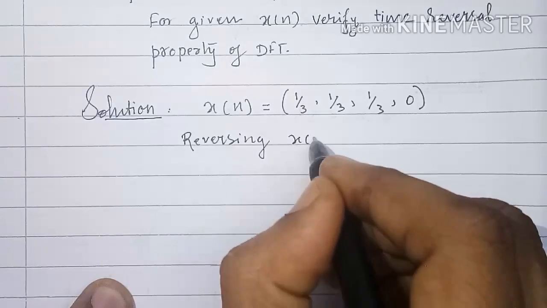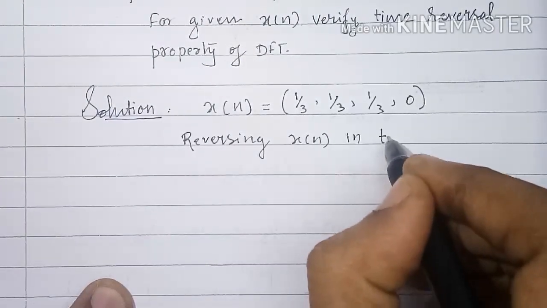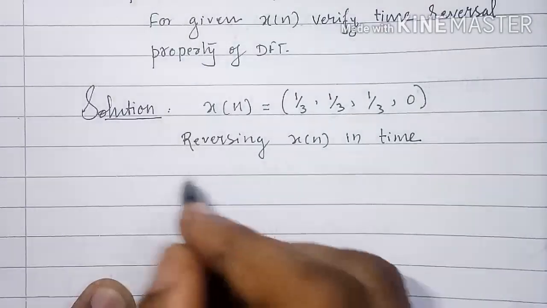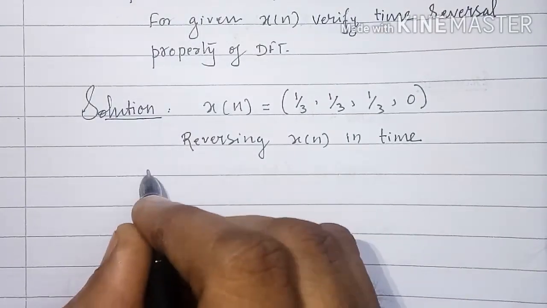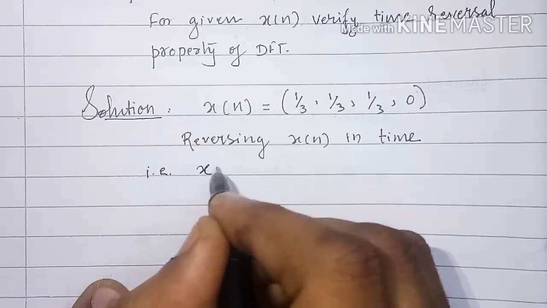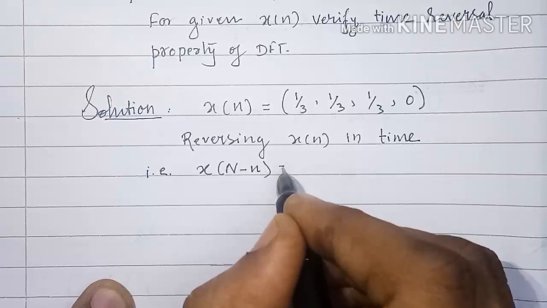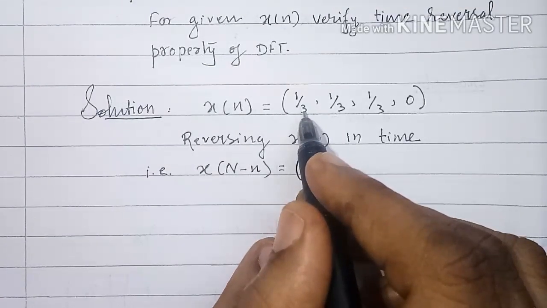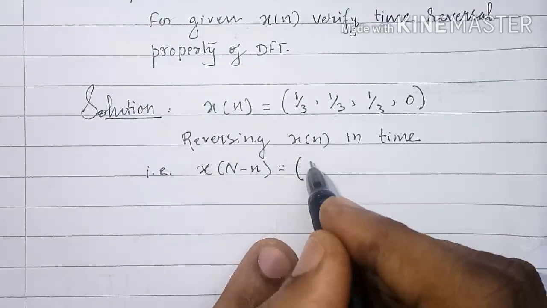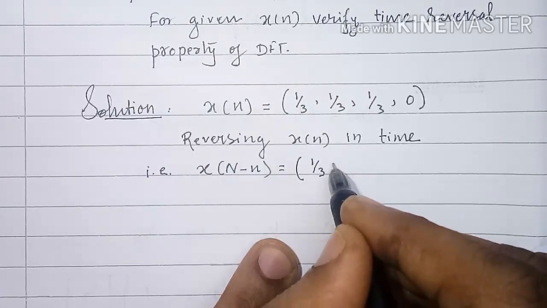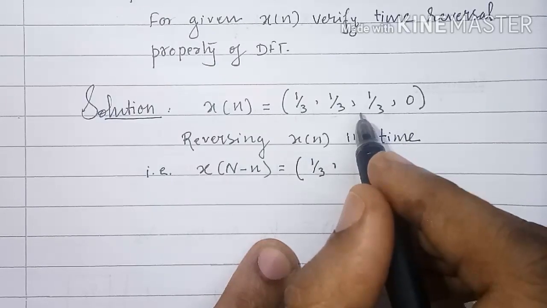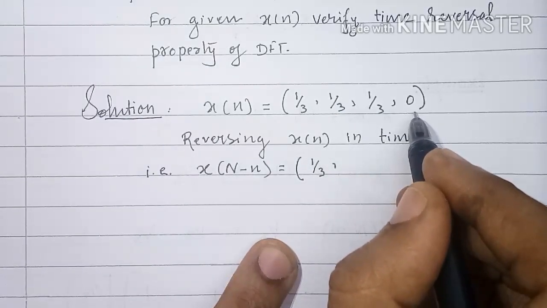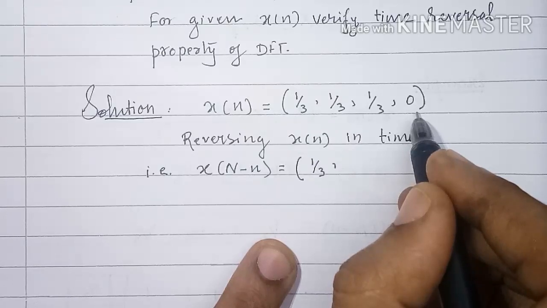Reversing x of n in time, that is x of capital N minus n, is equal to, here we have to keep the zeroth sample as it is, and we have to reverse the order of samples starting from small n equal to 1 to capital N minus 1, that is in this case 3.